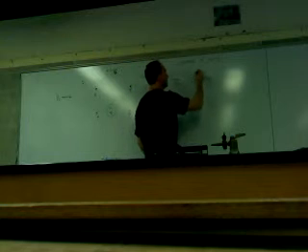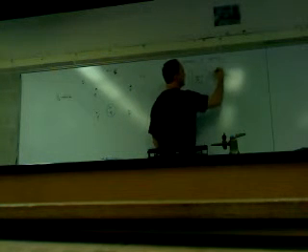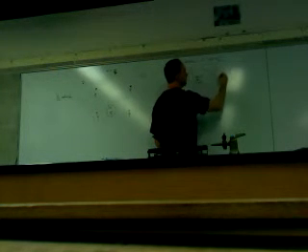Right? So that's the spatial part, but what else does it have to include? It has to include the spin. All right? So let me write it like this. Total spin for 2 electrons.